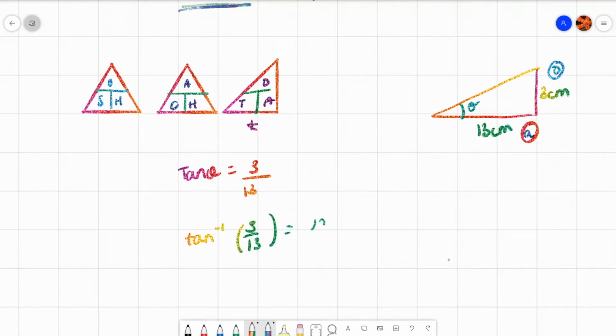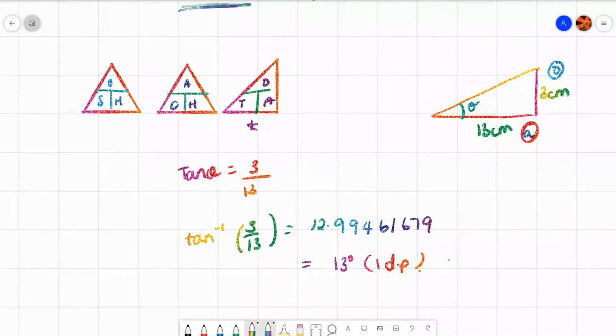And I end up with 12.99461679. And so therefore, my answer, I'm just going to round it to 1 decimal place, is 13, oops, not 13 centimeters, 13 degrees to 1 decimal place. Nice and simple and straightforward.